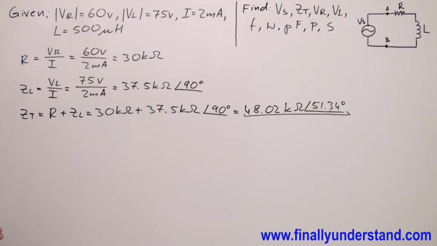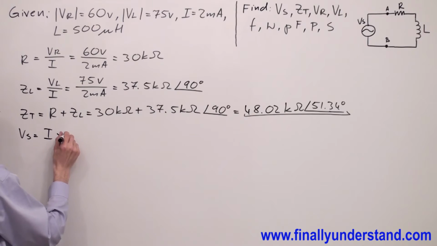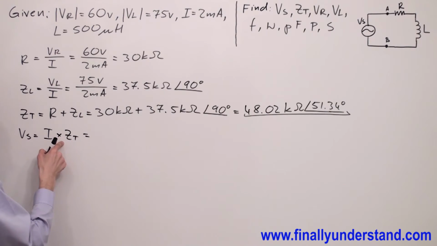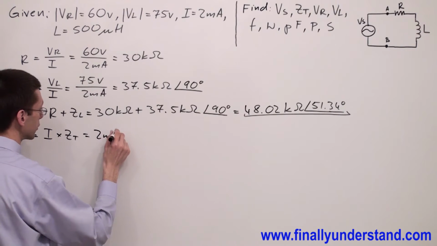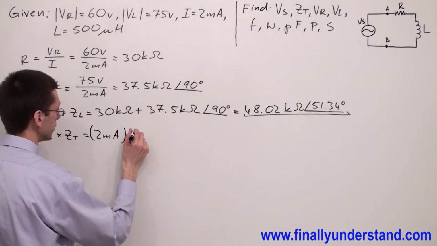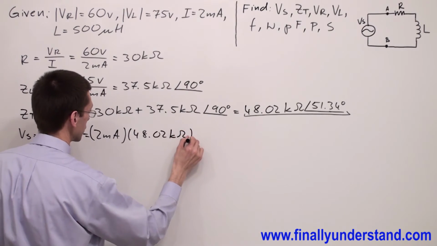Next, I'm supposed to find the voltage source. Voltage source is equal to I times Z total. I'm going to use Ohm's law, of course, where I is equal to 2 milliamps times Z total, which is equal to 48.02 kilo ohms.